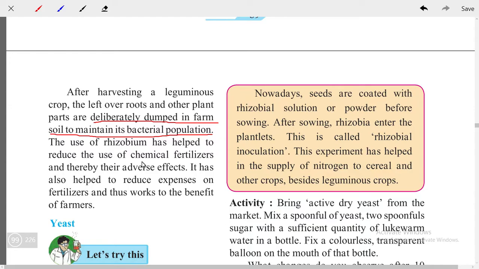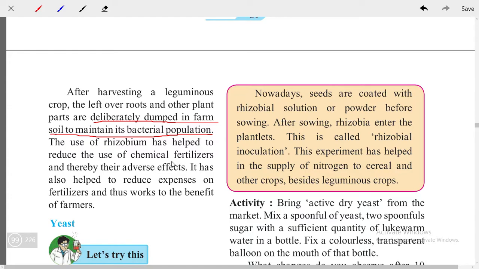Farmers use chemical fertilizers for the good growth of plants, but rhizobium helps the growth of the plant because it supplies the nitrogenous compounds required for growth, and due to this the farmer can reduce the use of chemical fertilizer.